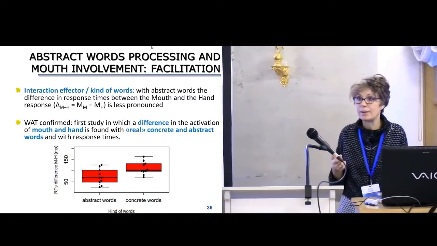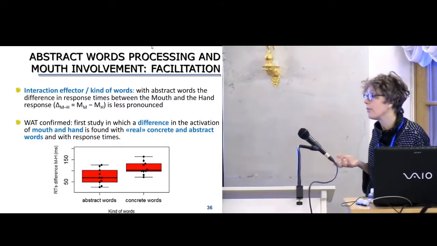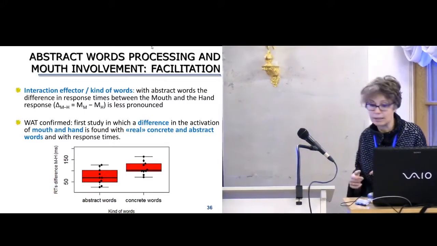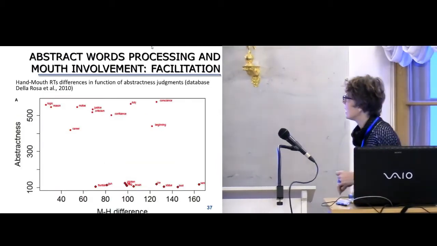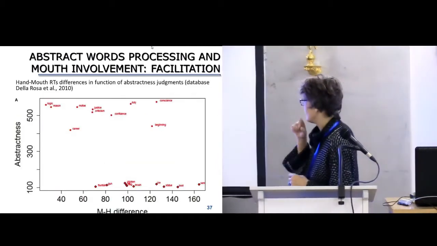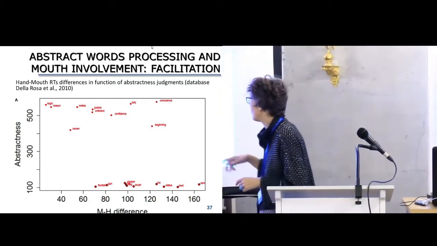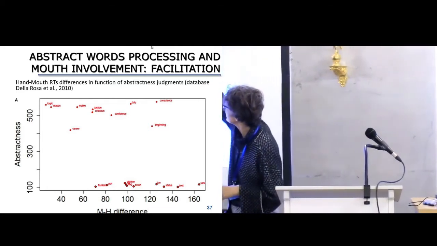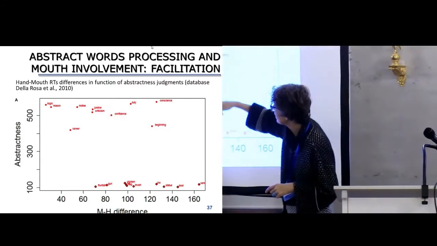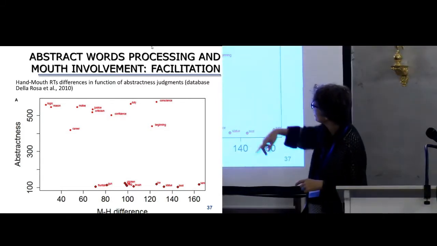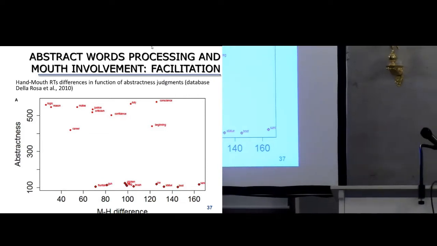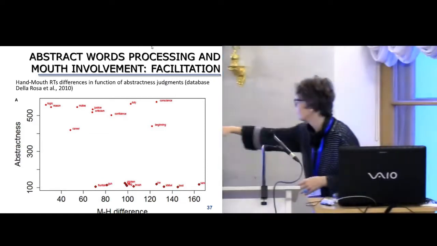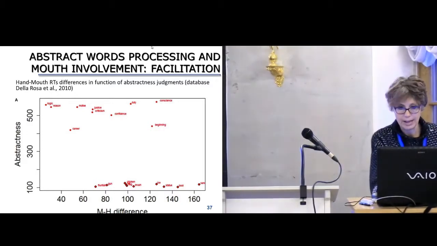So it seems that this difference occurs also with real words, not only with artificial words. Here you can see we plotted abstractness and the mouth-hand difference: logic, reason, motive, career. These are all very abstract words that activate the mouth a lot. Other words activate the hands more.